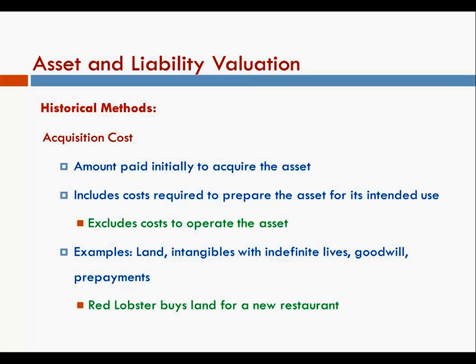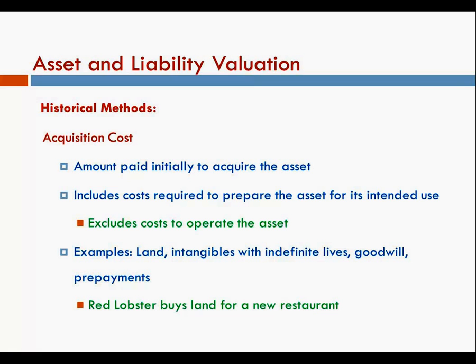It's the amount initially paid for the land plus amounts needed to make that land ready for its intended use as part of the acquisition cost. But it does not include costs necessary to operate it. So if you bought some land to create a parking lot, it's the amount needed to level the parking lot, but it's not signage and things of that nature, like lines that you paint on the ground to make that parking lot useful.